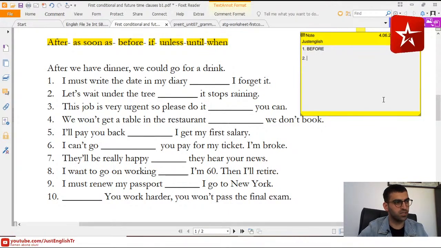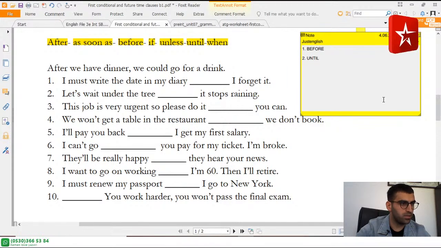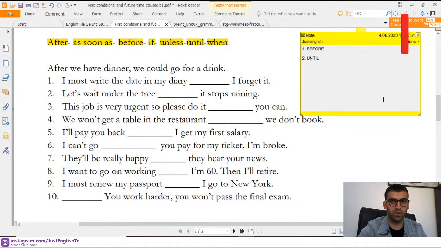The correct answer for number 2 is until. Yes, let's wait under the tree until it stops raining. Until is a correct answer for number 2.